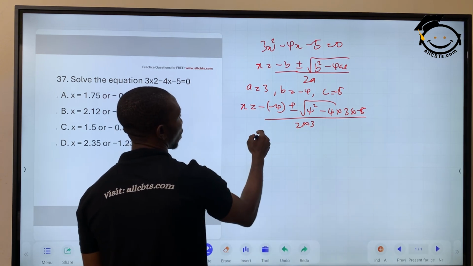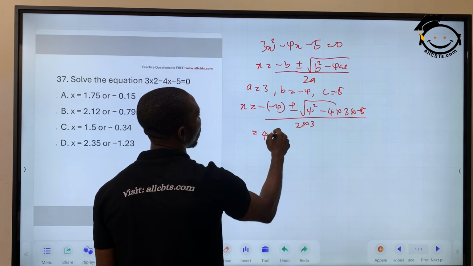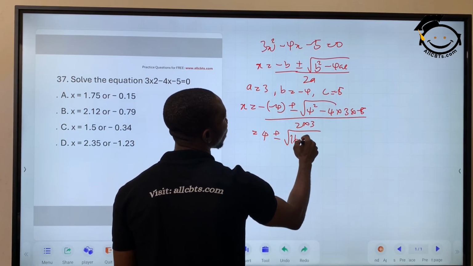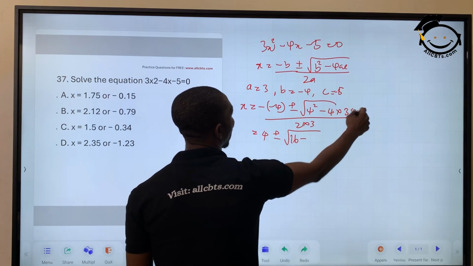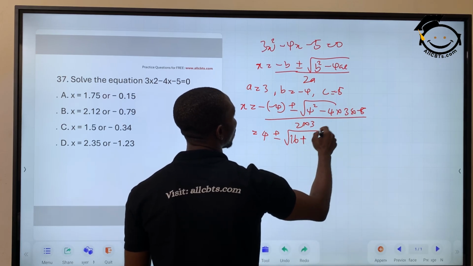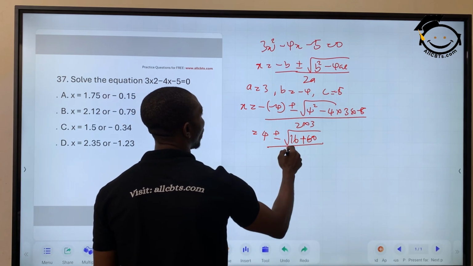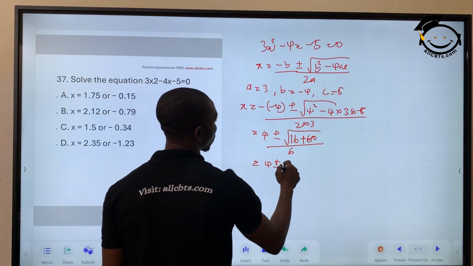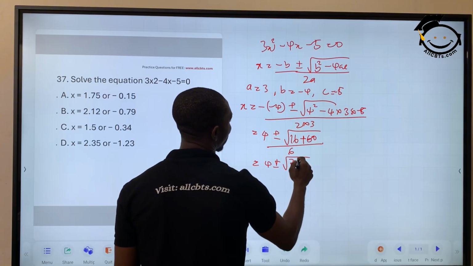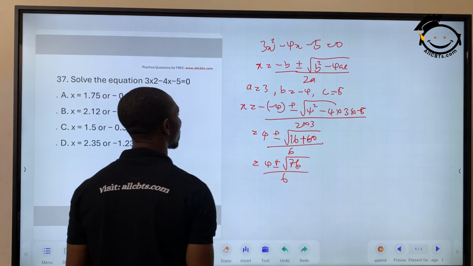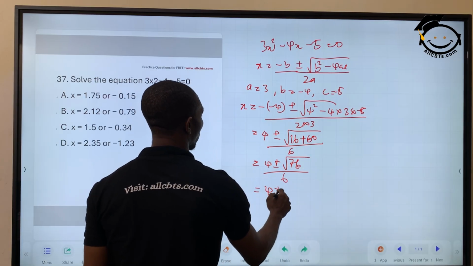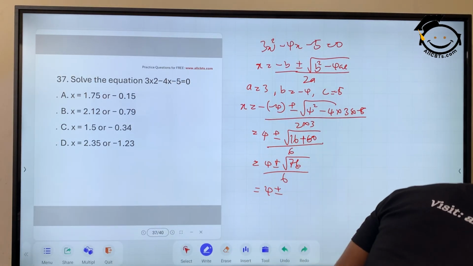Okay, so this gives us 4 plus or minus root 16 plus 60 all over 6. So this gives us 4 plus or minus root 76 over 6. Okay, now what is root 76?